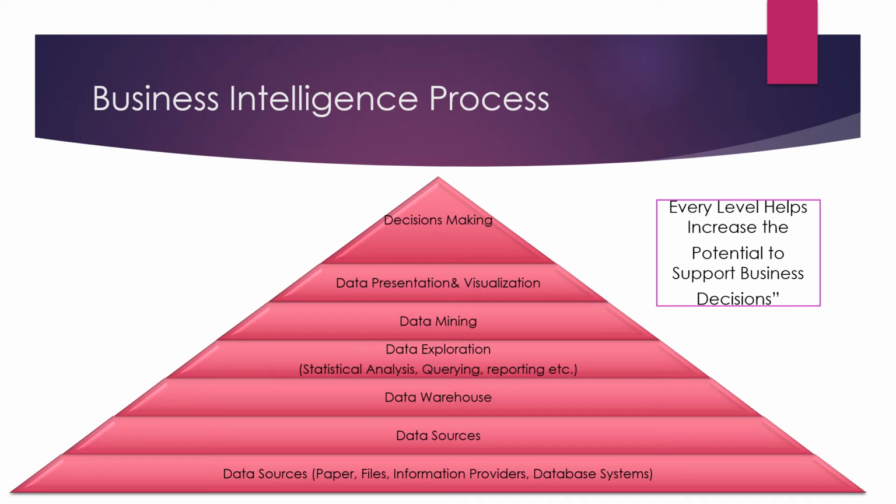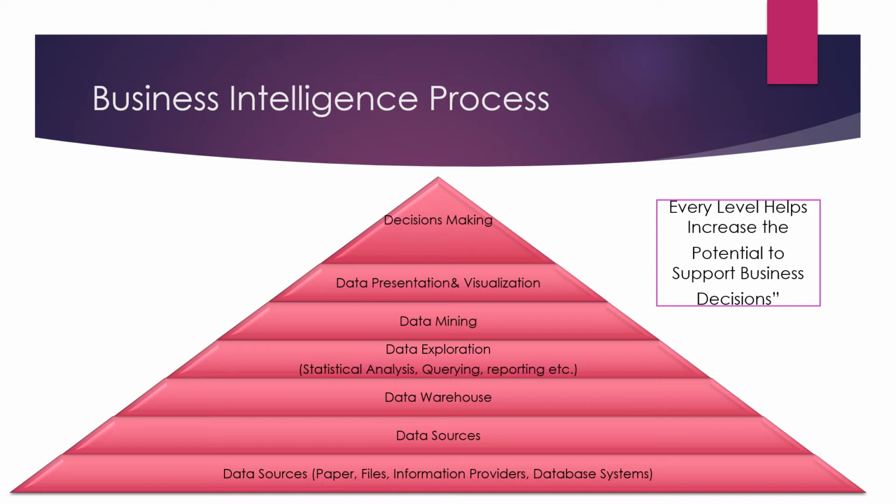Here we will discuss the business intelligence process. The first step is the data source. Data can come from paper, files, information providers, and database systems, so we can get data from any source. Then comes the data warehouse, then data exploration, where we use statistical analysis, querying, reporting, etc., data mining, data presentation, visualization, and then decision making.